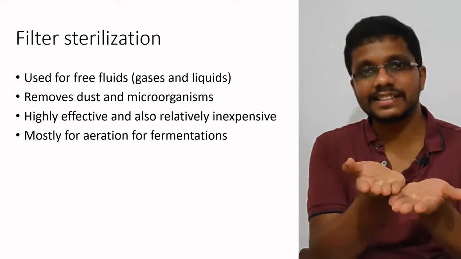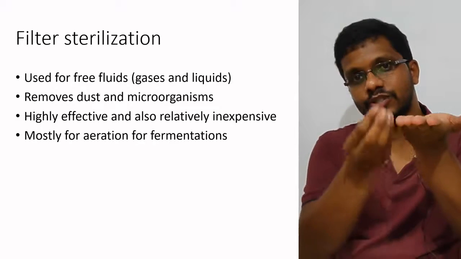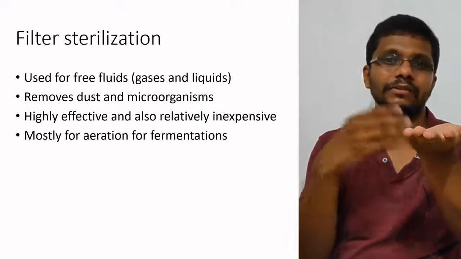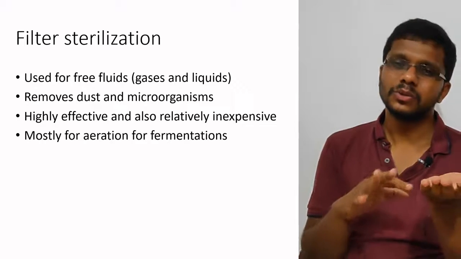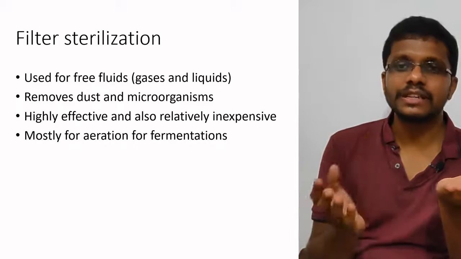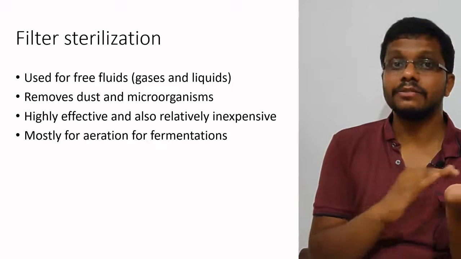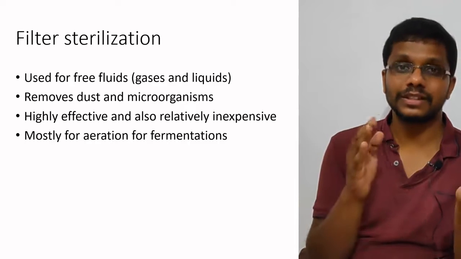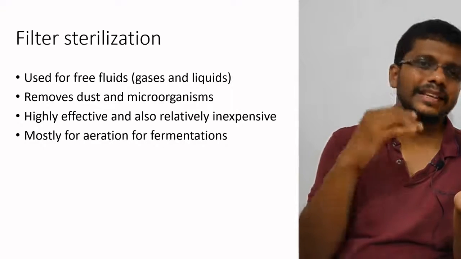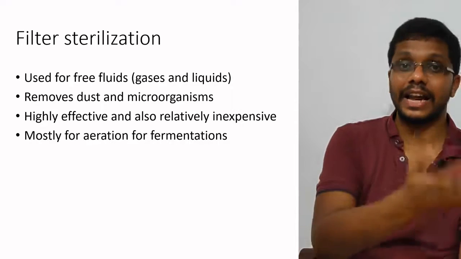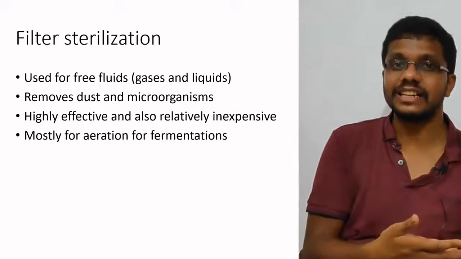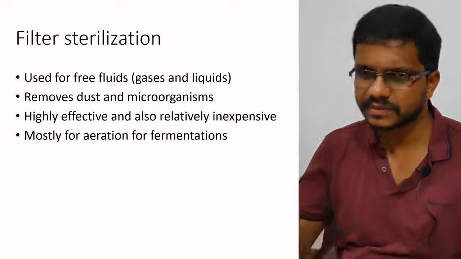If you are using a filter to sterilize the medium, it may clog and cause so many complications. So generally we are not using filter sterilization for the media, but we are using it for the sterilization of air, and it can be used in animal tissue culture because we are using more refined media in animal tissue culture.